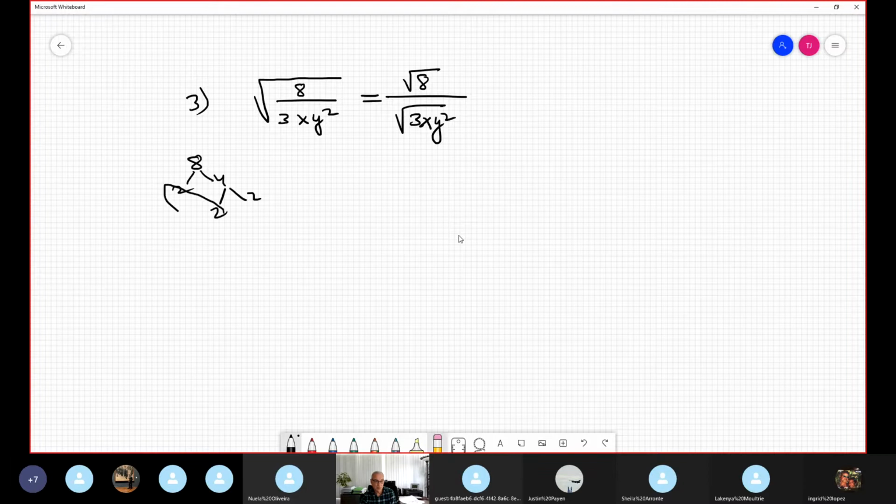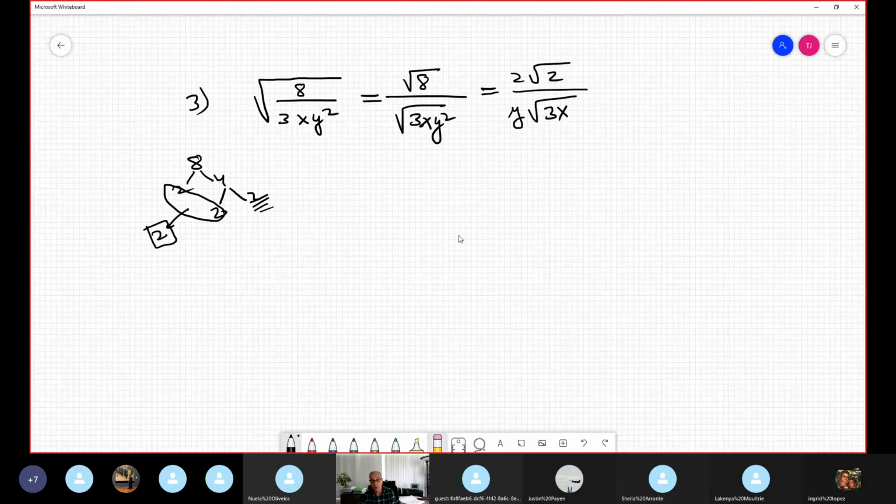I have a couple of 2 outside. So this is 2 radical 2. And the bottom is super easy. This y squared is a couple of y, representing one y outside.